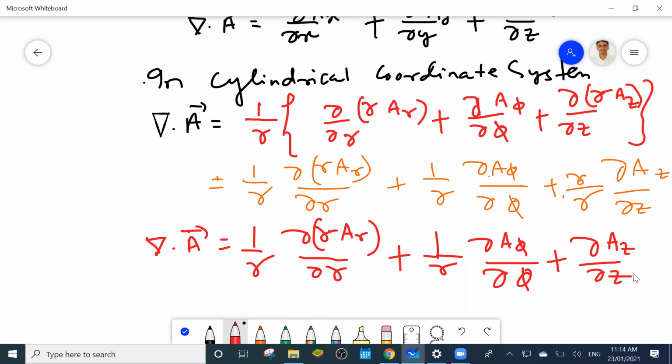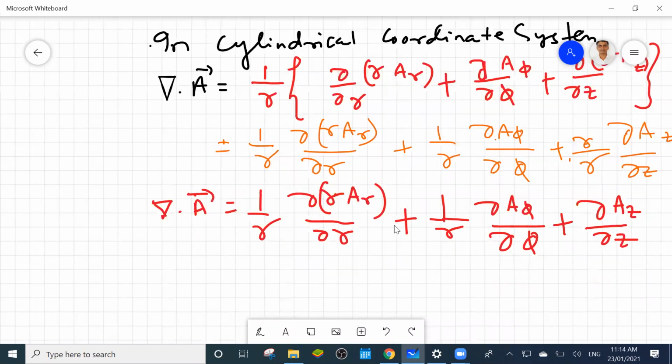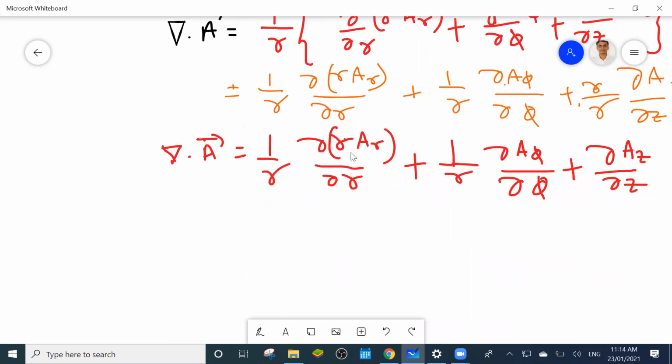So now you can write in the spherical coordinate system. Can you write or not? Any doubt in this first term? Anyone has doubt in the first term? Sir, we have to differentiate R AR later, right? Which one?